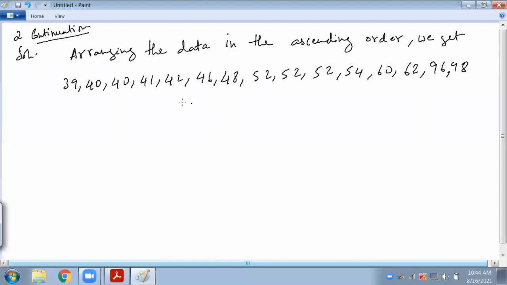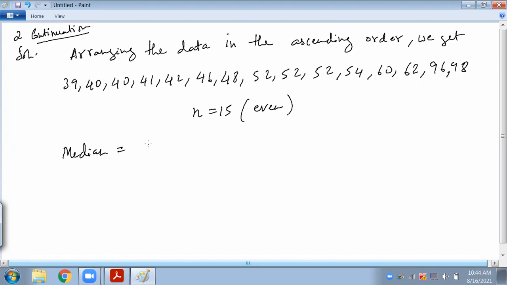Okay, so we left it here. So we'll continue from this. So you can see there are how many data given? Number of data is 15, so n will be 15. That is what, even? So median is what?